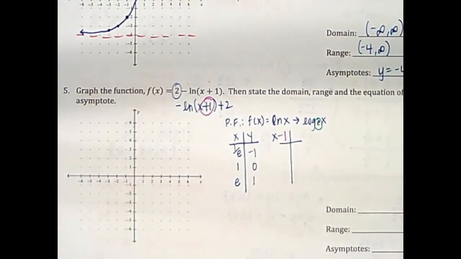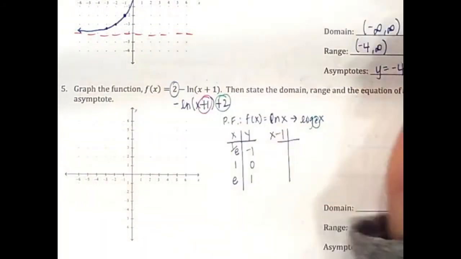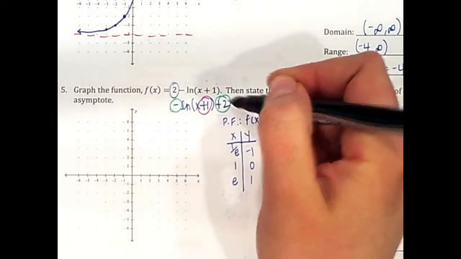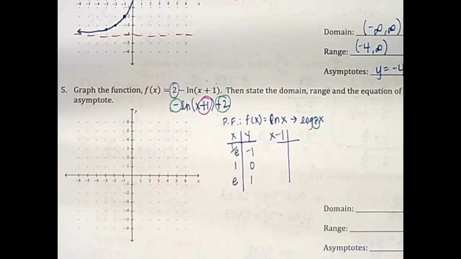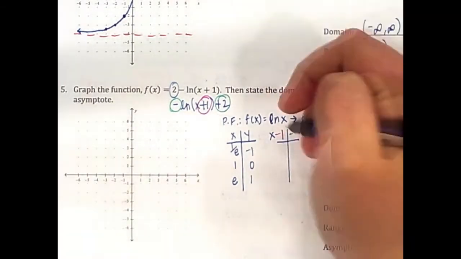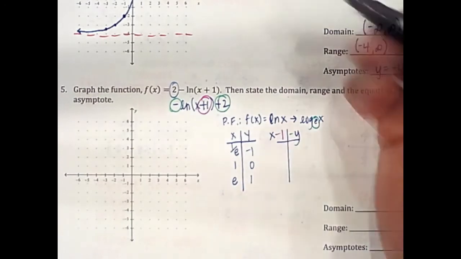So I'm going to subtract 1 from all of our x values. Now our 2 other transformations are this +2 and this negative on the outside. Both of these are outside of the ln, so they're both affecting the y values. So it would be negative y +2.